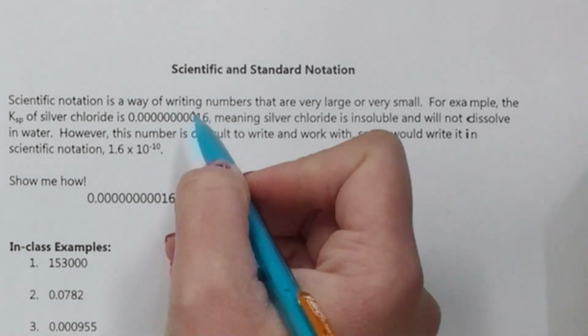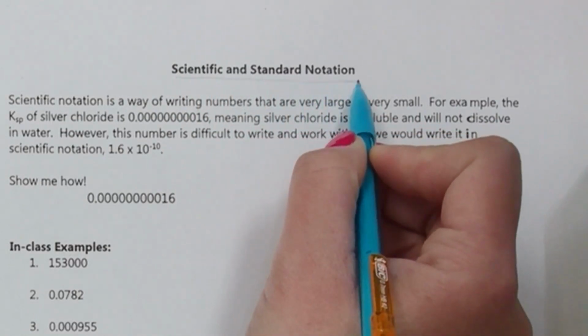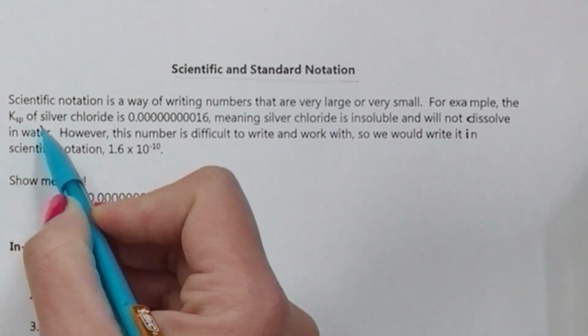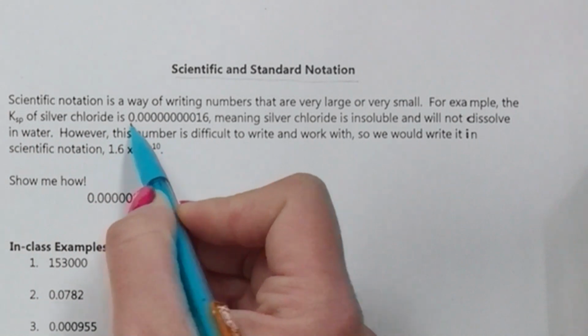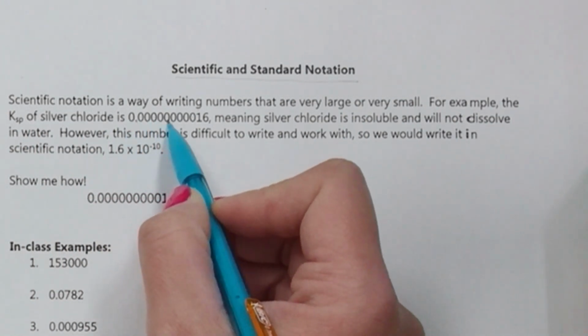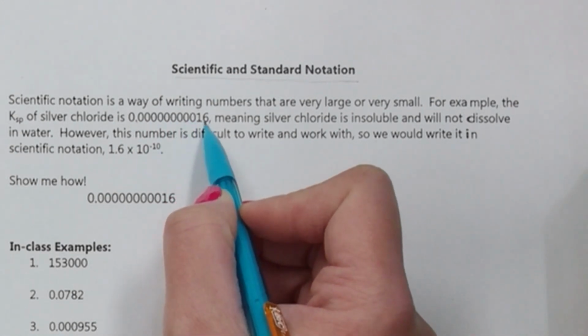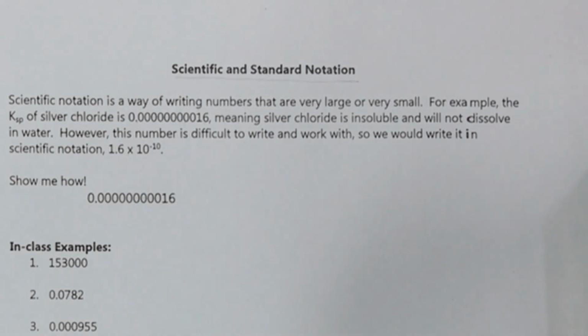The example on your note page called Scientific and Standard Notation is the Ksp of silver chloride, which is 0.00000000016. That is an incredibly small number. What that simply means is silver chloride is insoluble, meaning it will not dissolve in water.